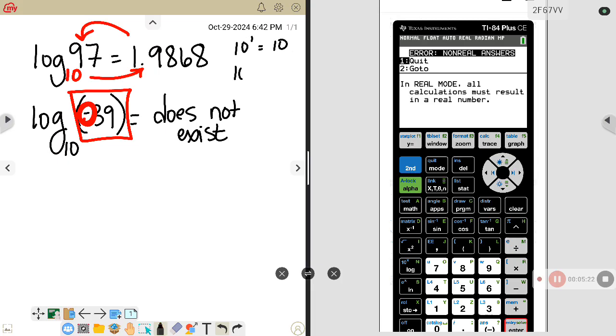And what is 10 to the second? It's 100. That's why it's almost squared, right? Because 97 is almost 100. So that's what you are finding. That's why if this number inside this parenthesis here is negative, it's just not going to exist.